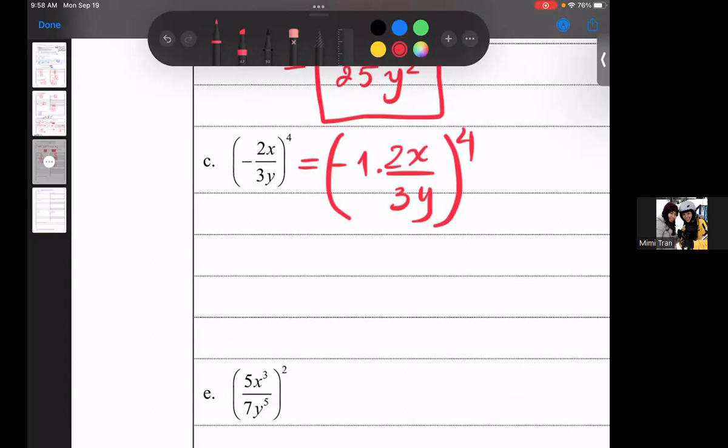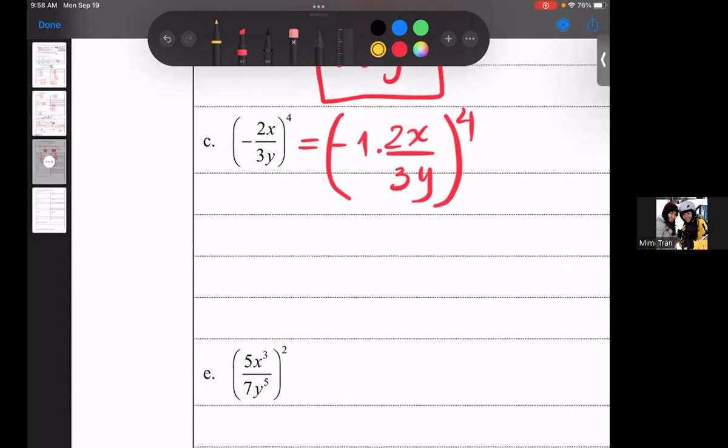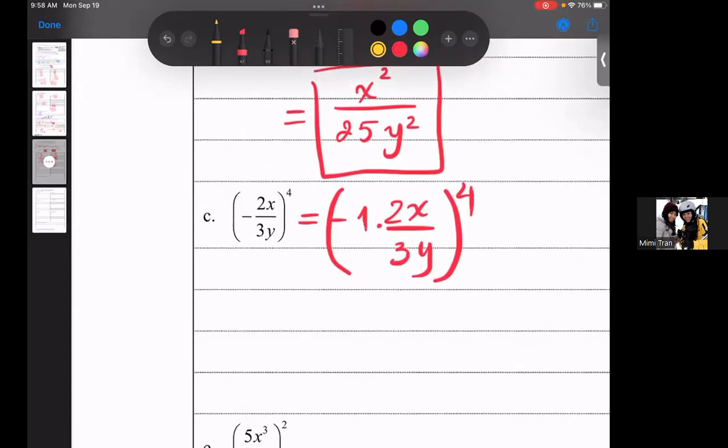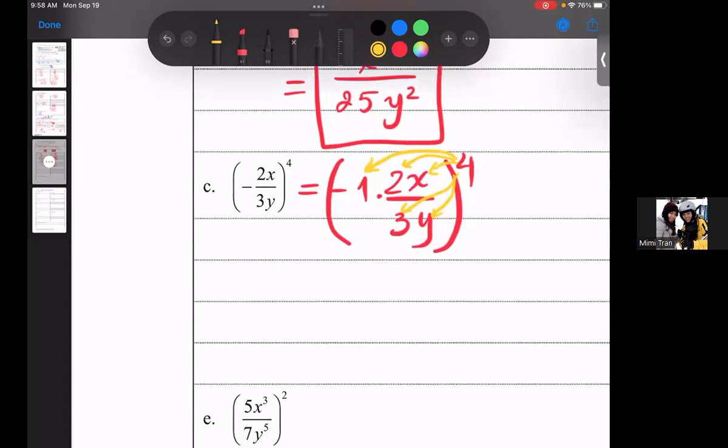All right, again, you distribute the 4 to everyone, to negative 1, to 2, to x, to 3, to y. When you distribute the 4 to negative 1, make sure you put parentheses around negative 1. Because if you don't, the answer should be different.